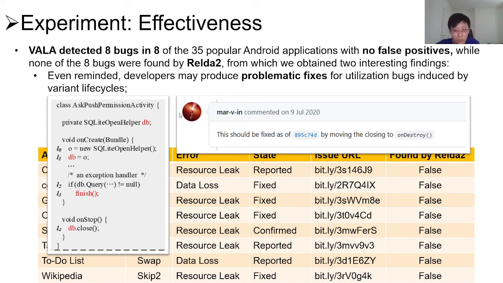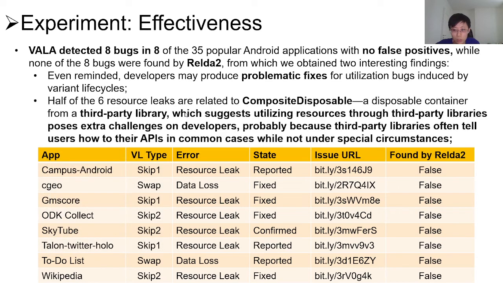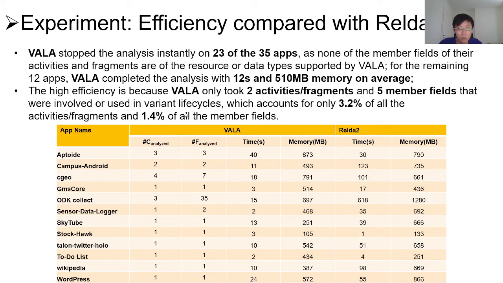And another finding is that half of the 8 resource leaks are related to the same third-party library, and it suggests that utilizing resources through third-party libraries poses extra challenges for developers. And Vala stopped the analysis immediately on 23 of the 35 apps, as none of their member fields can lead to resource utilization bugs.